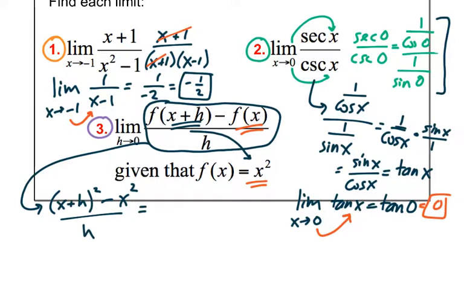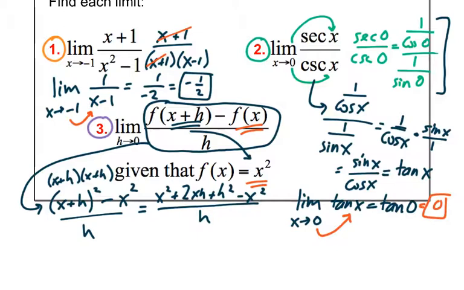Now, let me see if I can FOIL out that first parentheses. That would be x plus h times x plus h, right? We can't distribute that power, not legal. That would be x squared plus xh and another xh, that's 2xh, plus h squared. And then we're subtracting the x squared after that, divided by h.